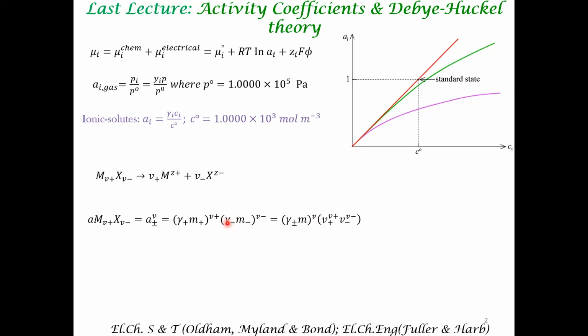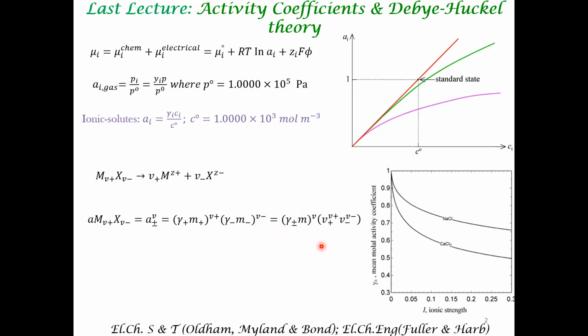Nu is nu plus plus nu minus, and all these definitions we elaborated in the previous lecture. And then we can build certain models for activity coefficient and then multiply that activity coefficient by concentration to get the activity related to chemical potential.